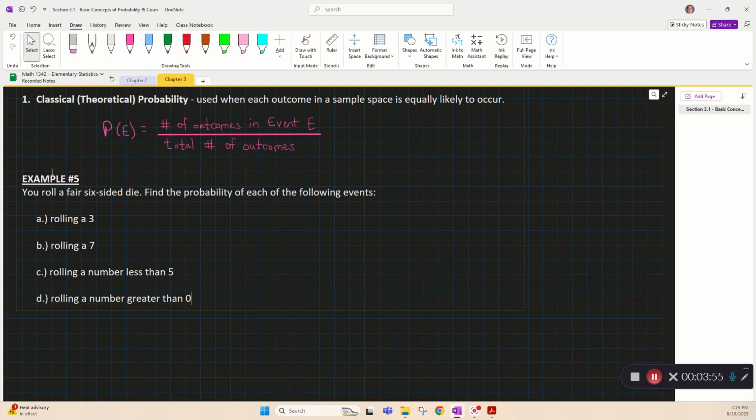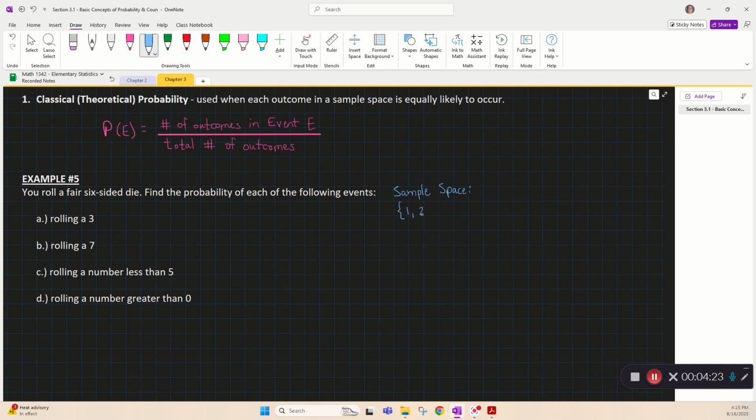Okay, before we get too far into these events, let's first get our sample space. Well, if it's a fair die, what all can I roll? It's a fair six-sided die, like one you'd play Yahtzee with.